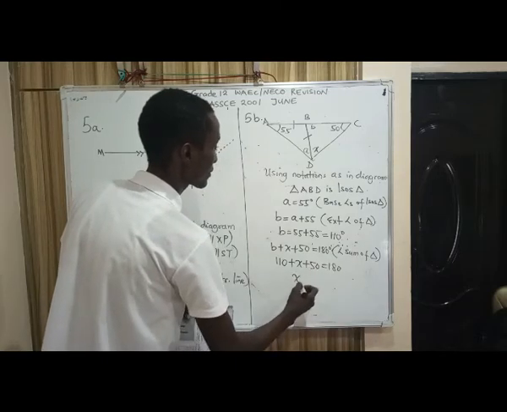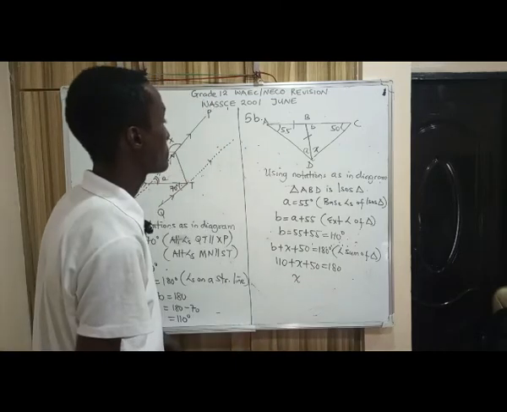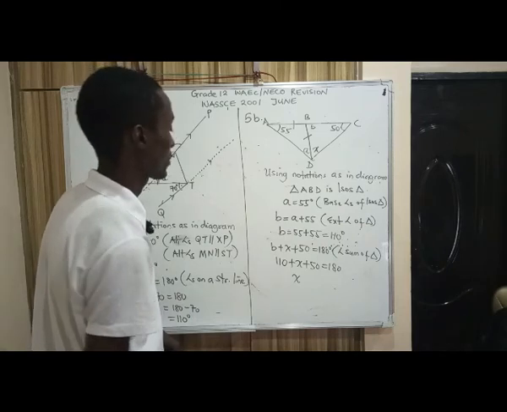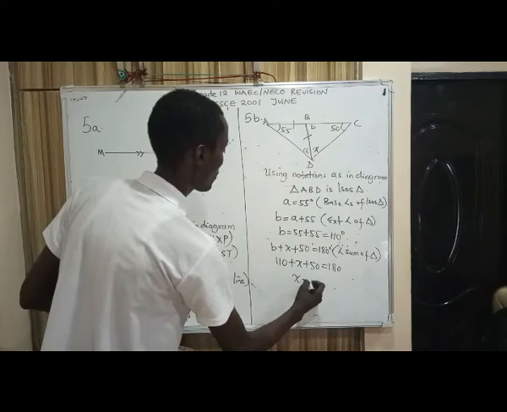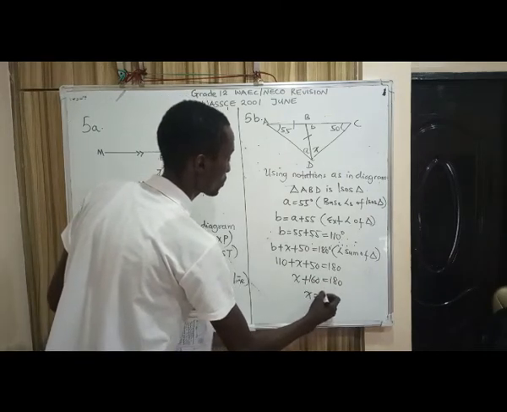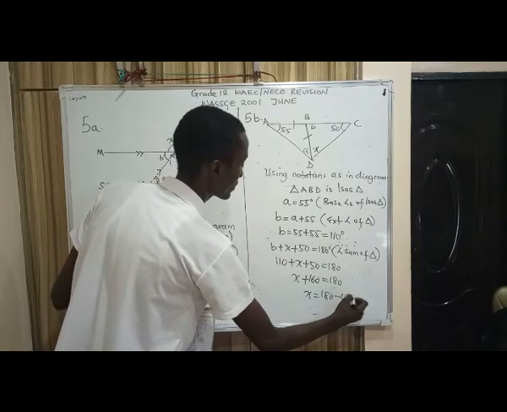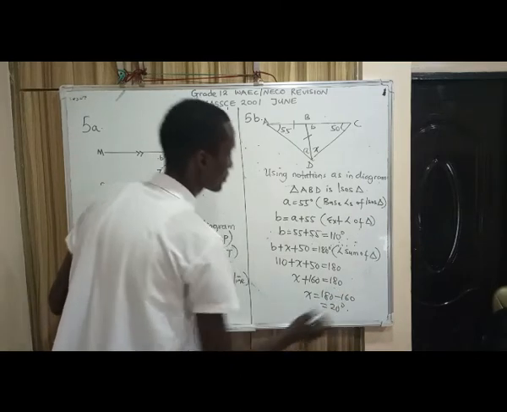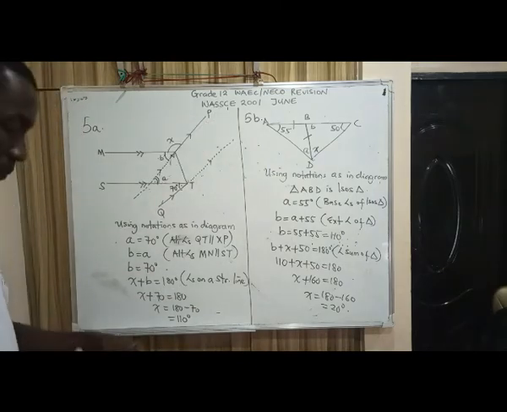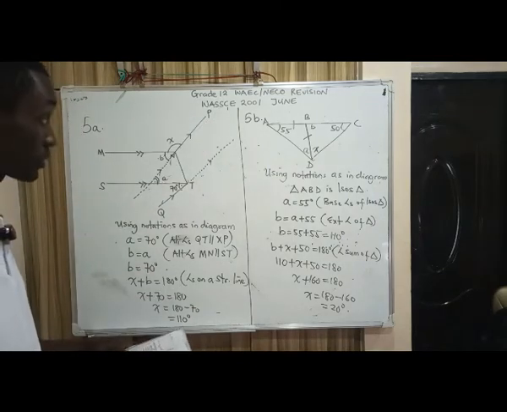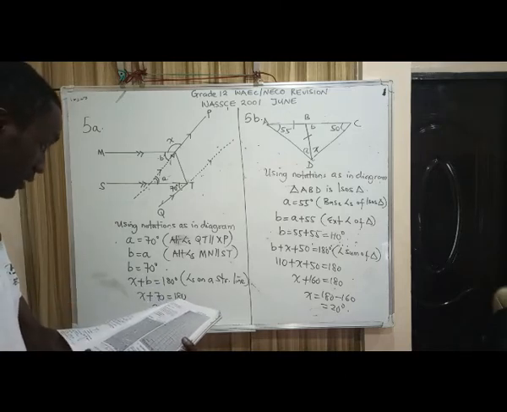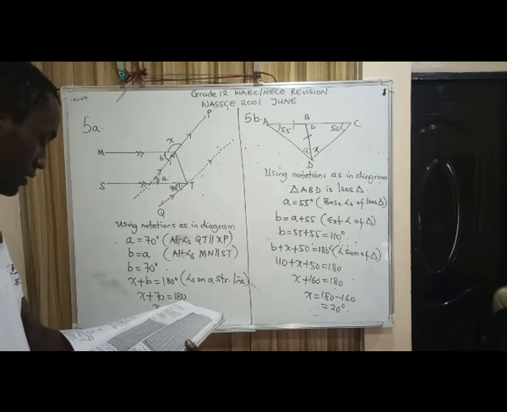So X plus 160 will be equal to 180. So X will now be equal to 180 minus 160, and that will be 20 degrees. So X, if I go with this arrangement, is going to be 20 degrees.